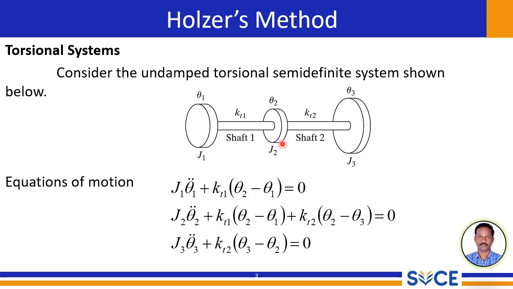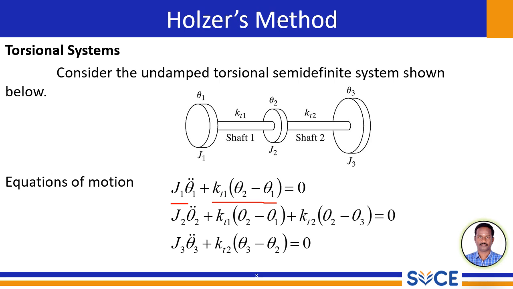Here the difference in angular displacement is theta 2 minus theta 1, multiplied by kt1. This will give you the resisting torque. So this is the applied torque. Since it is equal and opposite, when we take everything along one side, you will get J1 theta 1 double dot plus kt1 into (theta 2 minus theta 1) equal to 0.